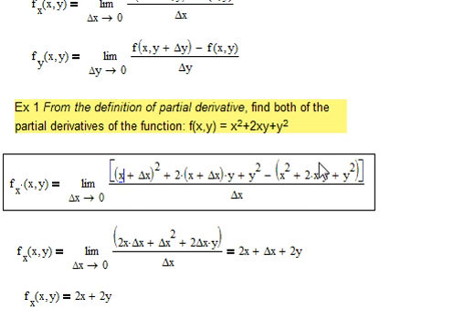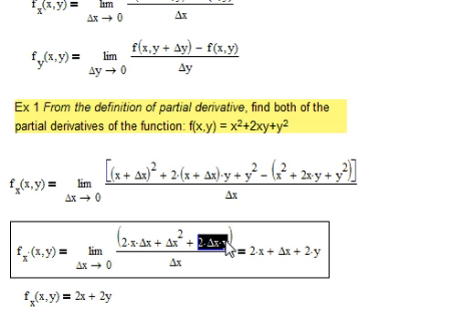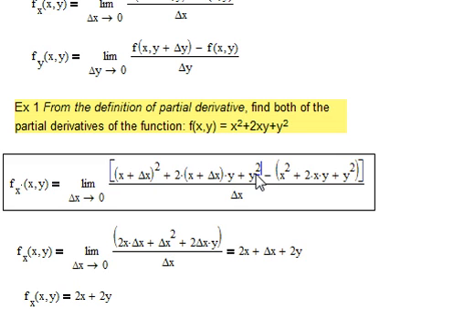What happens is this x squared and this negative x squared cancel out. We have a 2x delta x that doesn't cancel out. We have 2xy, which does cancel out with this negative 2xy over here. We have a 2 delta x y, which doesn't cancel out. We have a delta x squared that doesn't cancel out. We have this y squared, but it also cancels out with the y squared over here.